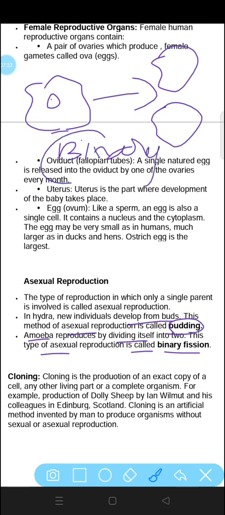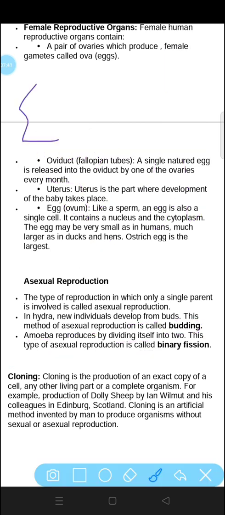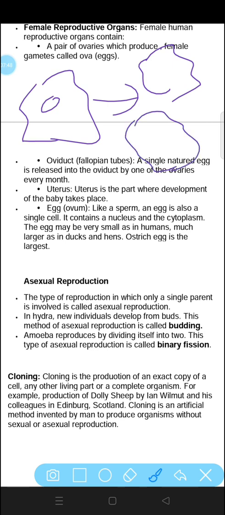These amoebae further divide into two parts. Fission means splitting. Amoeba splits to form two daughter cells, and these daughter cells further split to form new amoebas. This is called binary fission.